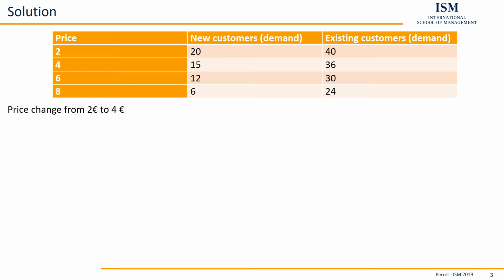So we go new price 4 minus old price 2 divided by 3, which is the average of 2 and 4. So then it looks as here. If you put this into the calculator, we get as a result 0.4286.